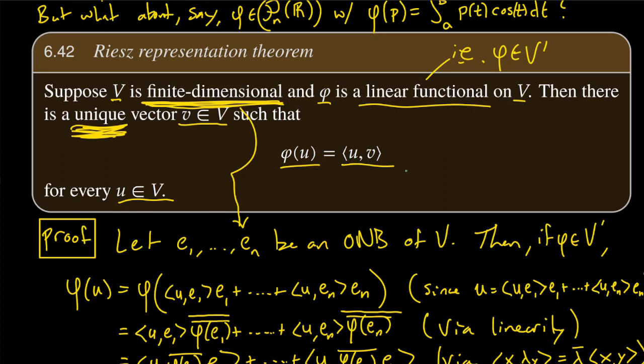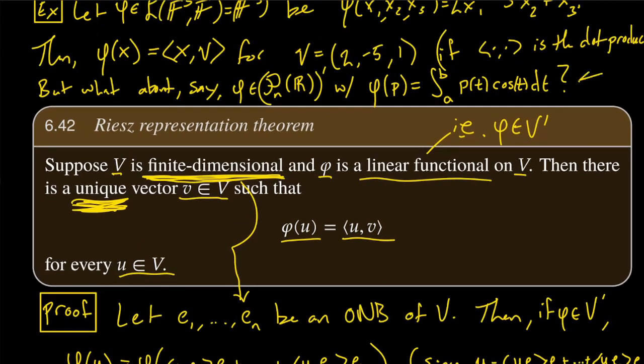So let's revisit this confusing example right here. This one about cosine, which is not a polynomial. And let's see what goes on. Let's try it out. Okay, here's the example. And this is a fun one, I think.